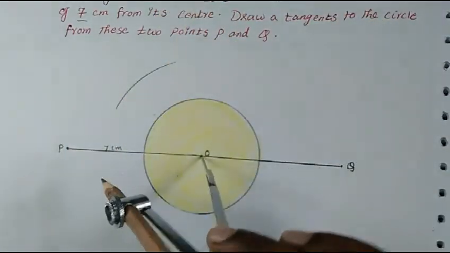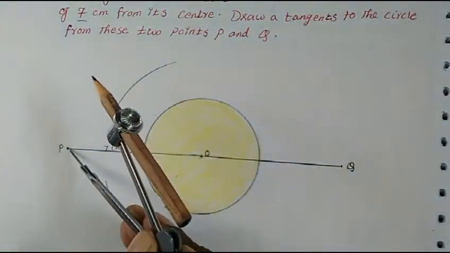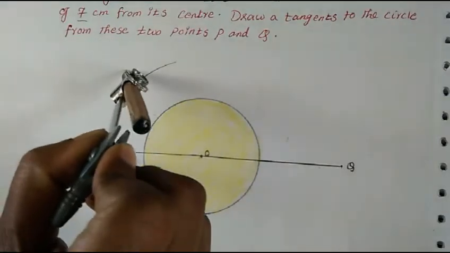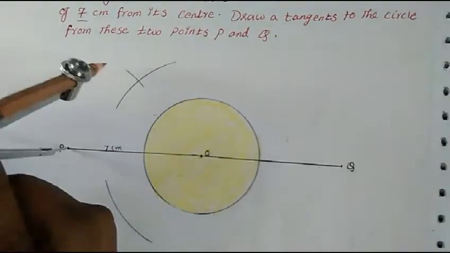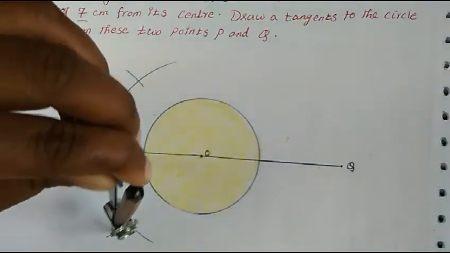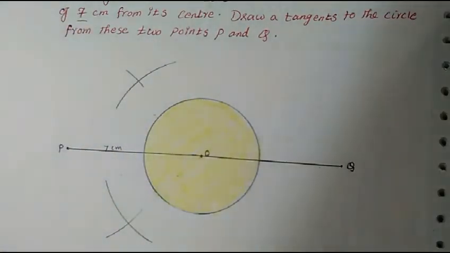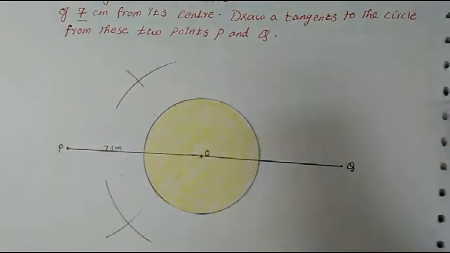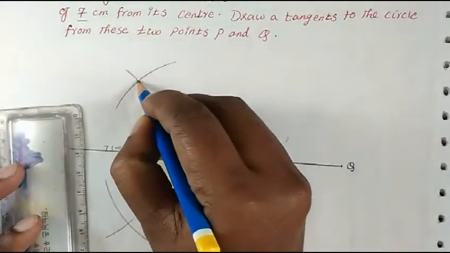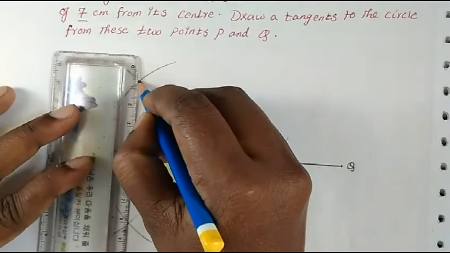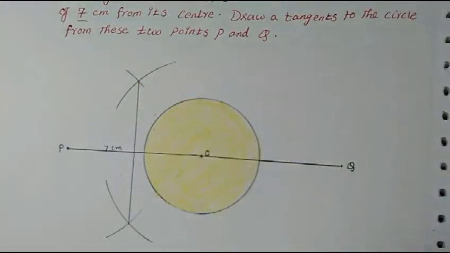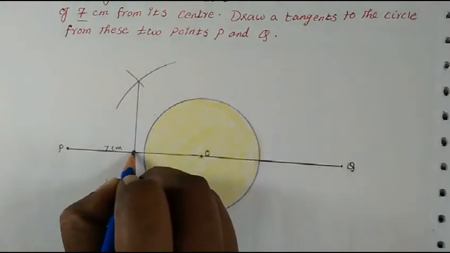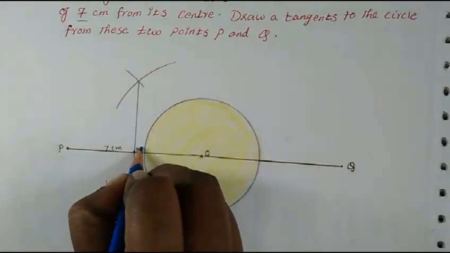So same way keep the leg on point P and cut this arc. Okay, now join these points. Okay, so now we found the midpoint. This is our midpoint M.